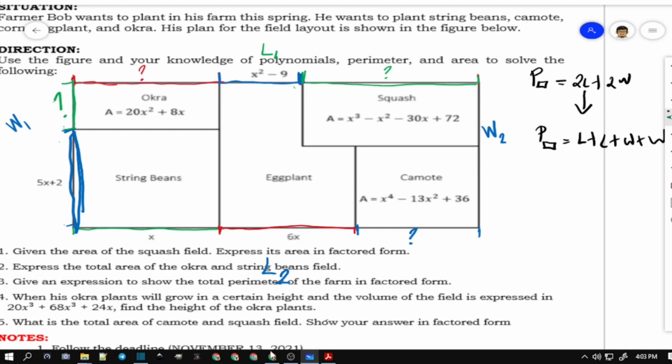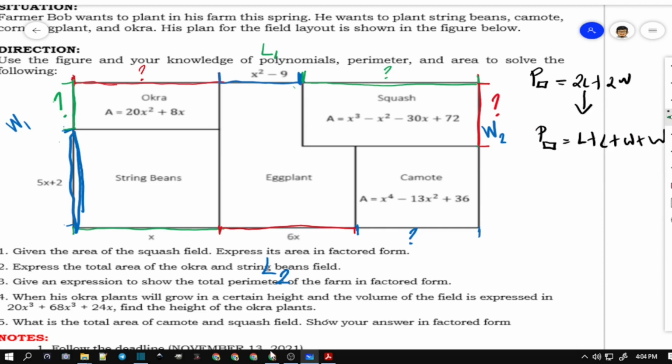Now next, for width number 2, from the edge of the squash going to the edge of kamote, this field here is missing, which represents the side for the squash field.